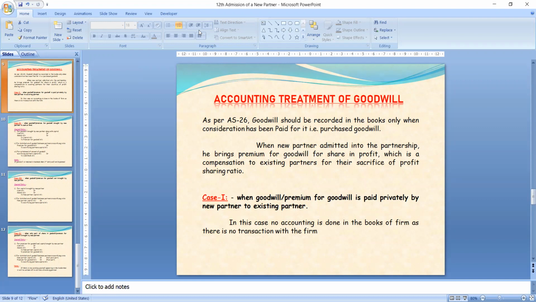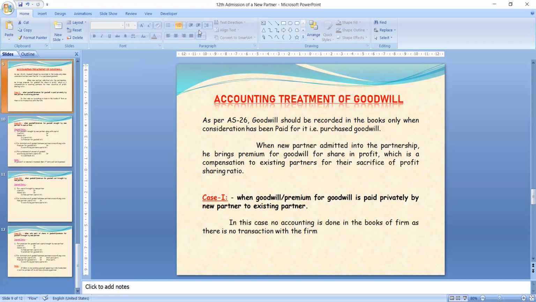Okay. Can you read this? Accounting treatment of goodwill. As per AS 26, goodwill should be recorded in the books only when consideration has been paid for it. Example, purchased goodwill. When a new partner is admitted into the partnership, he brings a premium for goodwill for his share in profit, which is a compensation to existing partners for the sacrifice of profit sharing ratio.